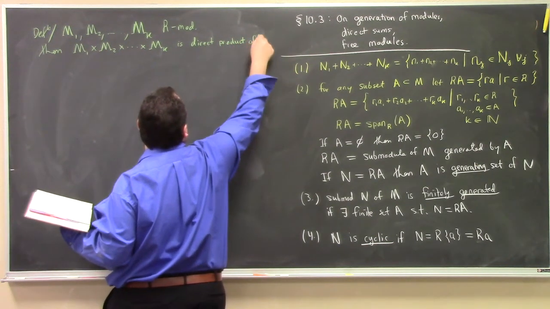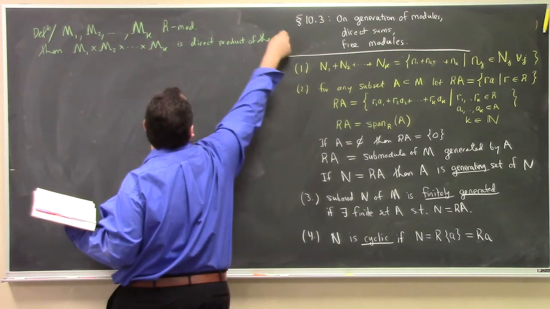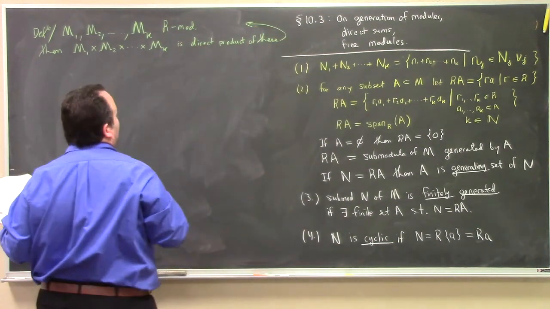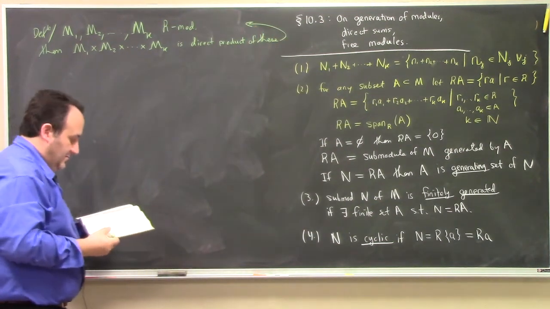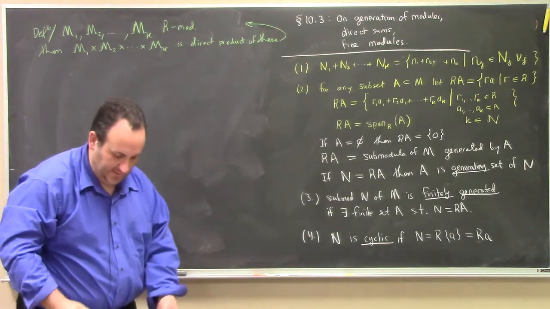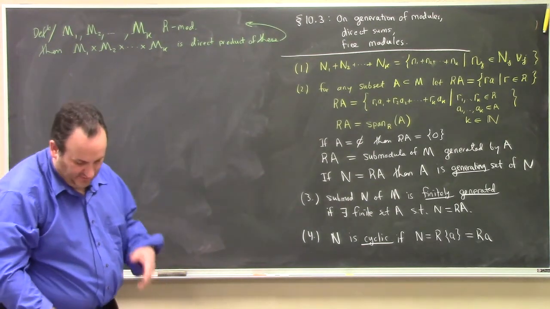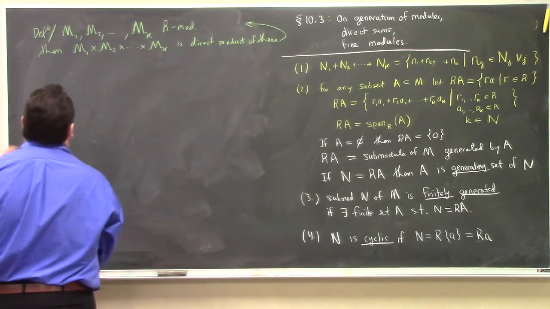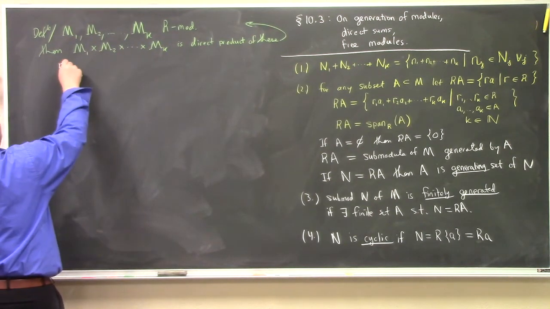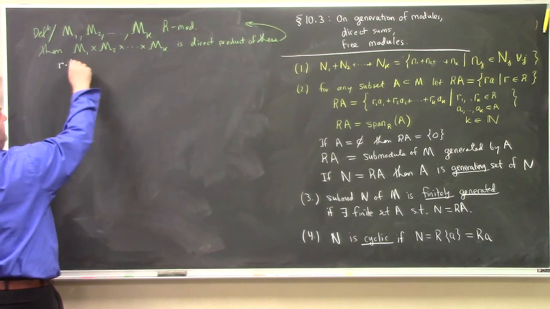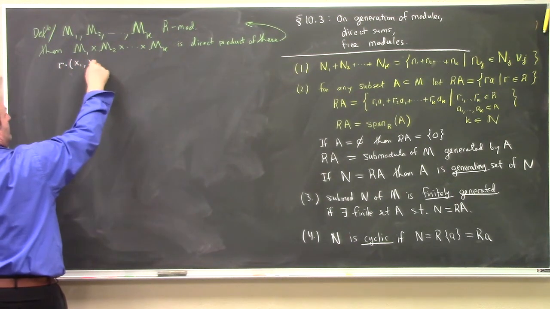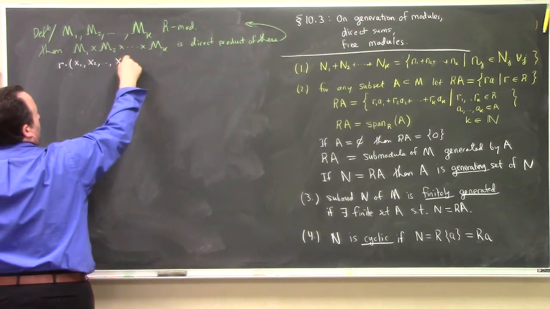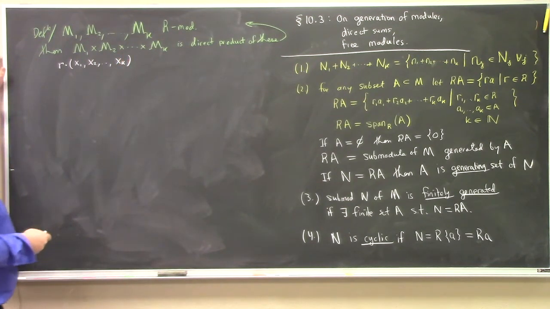Of these, yeah? And how do you define the R module action in this case? Like, how do you define R acting on this? So things in here are of the form x1, x2, ..., xk, right? That's a typical element in the Cartesian product, where each x sub i is from M sub i.